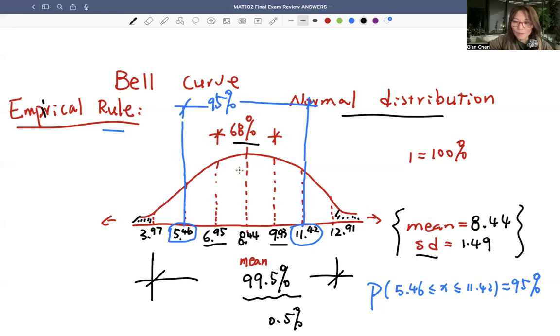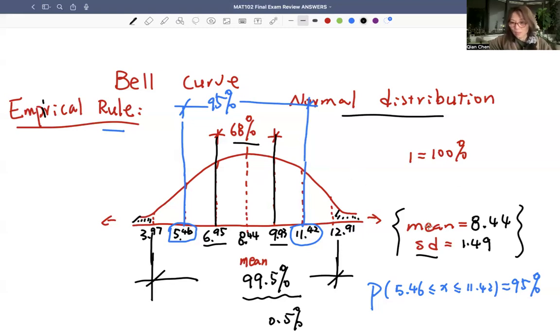All right. So that means in this data set, we do not know the data itself, but we know it's described with a mean of 8.44 and standard deviation of 1.49. So we know 68% of the data sits in between 6.95 and 9.93, 95% sits in between 5.46 and 11.42, and 99.5% sits in between 3.97 and 12.91.